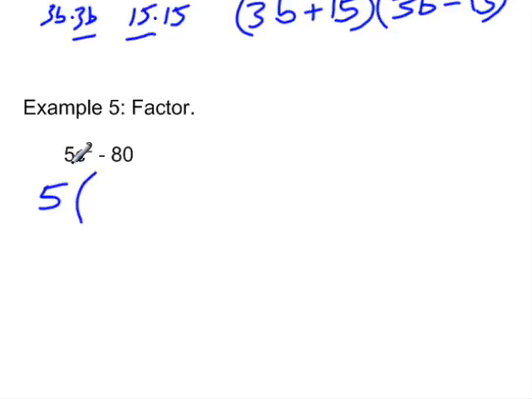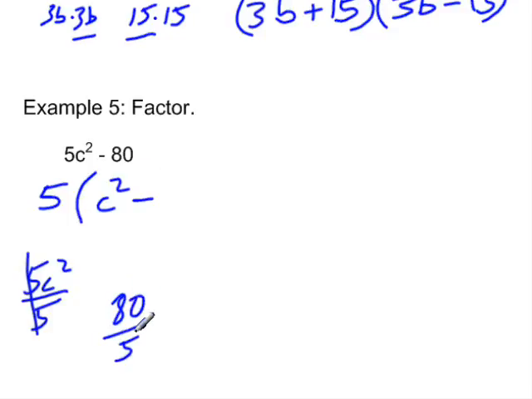So 5c squared divided by 5 would be just c squared, because those 5's would cancel off. So I got c squared. Bring my minus sign down. And then 80 divided by 5 would reduce to 16. You could just do the division, or you could count it however you need to.